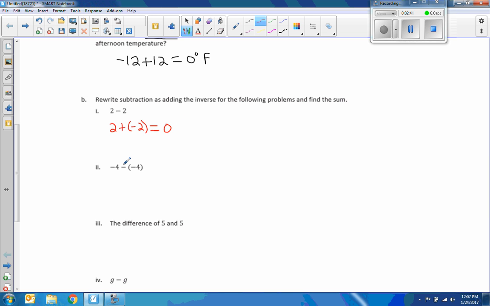Now, be really careful here. I saw this on a quiz recently. Minus a negative is not the same as, this is what I saw, plus a negative. That is not the same. If I take away a negative 4 and I add a negative 4, that does not mean the same thing. So whenever we have double negative signs, the negative 4 here stays the same.